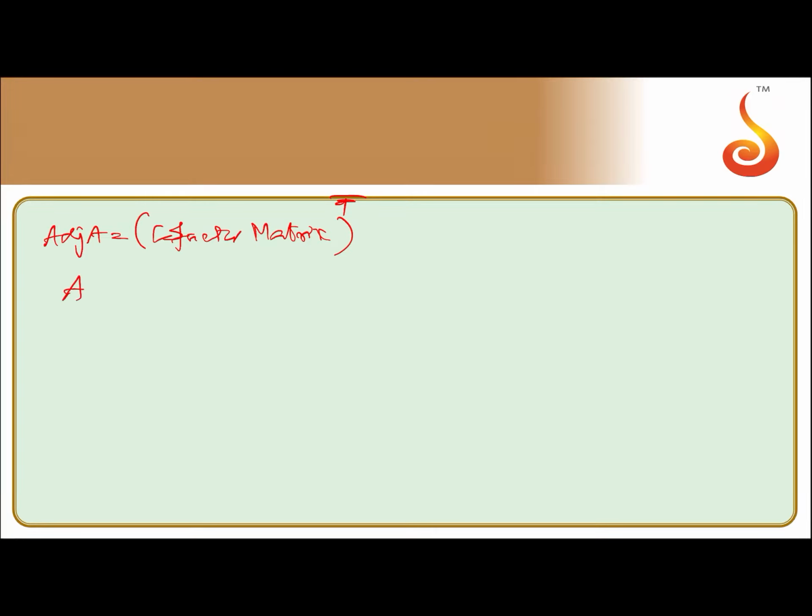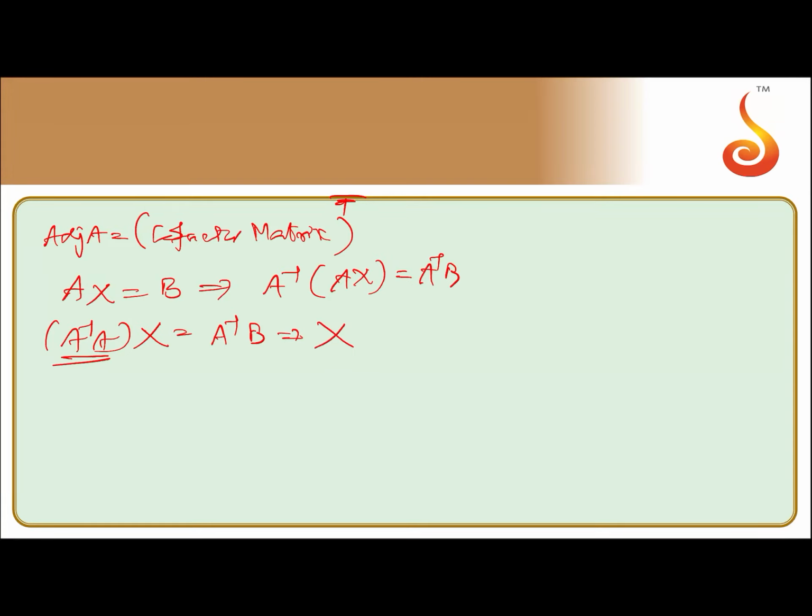Now we consider the system Ax = B. I pre-multiply by A inverse on both sides: A inverse Ax = A inverse B. Therefore A inverse into A multiplied by X equals A inverse B, and this is identity matrix into X. So X equals adjoint A by det A multiplied by B, because of A inverse.